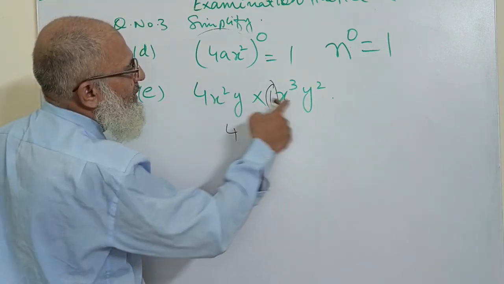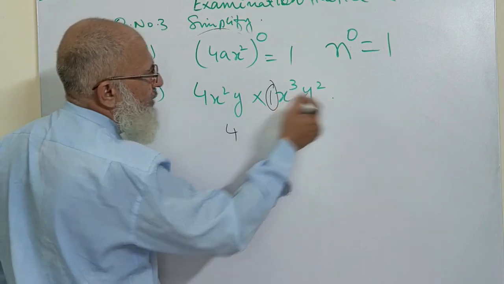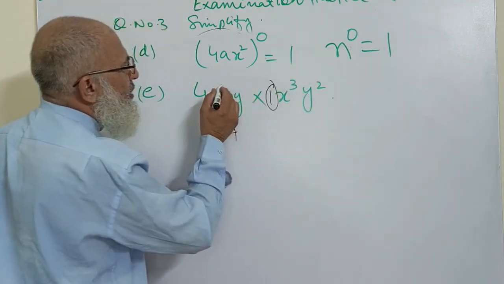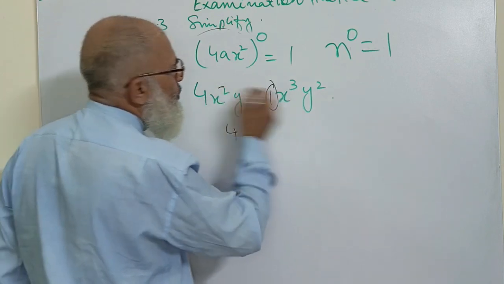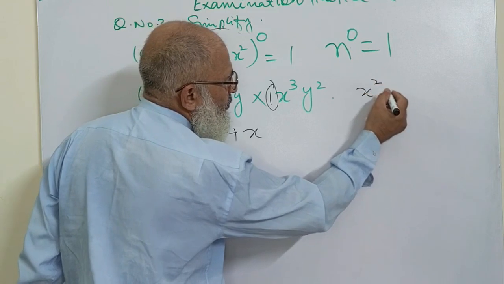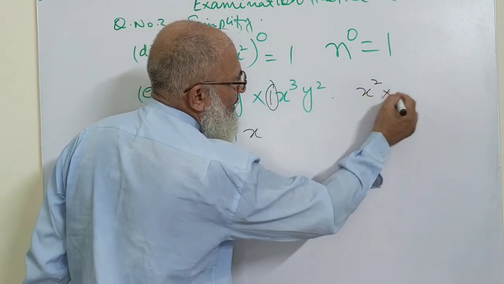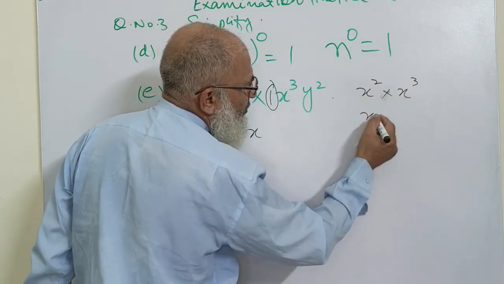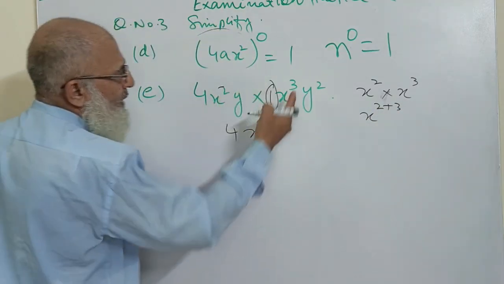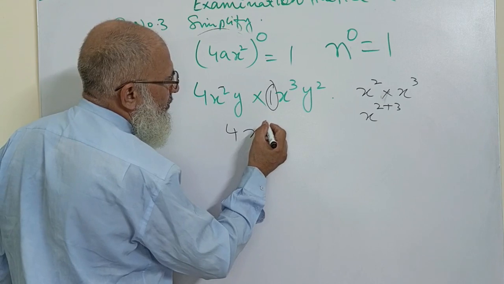Now these bases are same. When bases are same, we add the powers. Now this is power 2, 2 plus 3. x2 multiplied by x3 will become x to the 2 plus 3, which is 5.